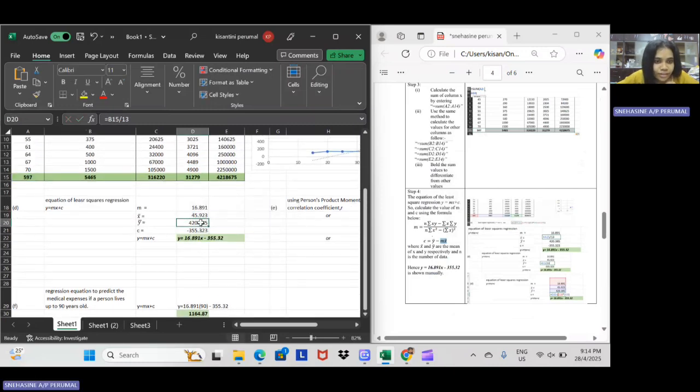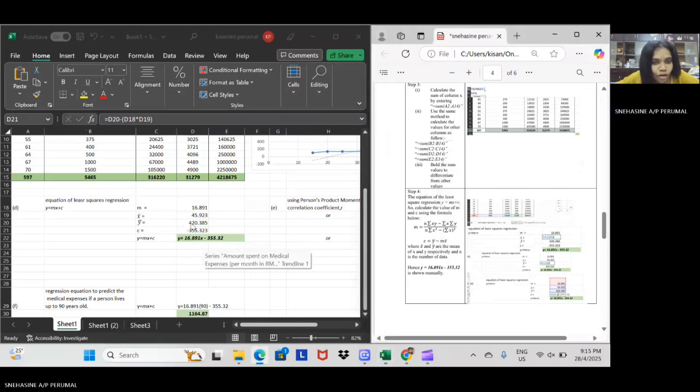After that, for the y, you need 5465 divided by 13. So you will get this answer. So you have to calculate like y. You get the y answer is 420.385 minus m.